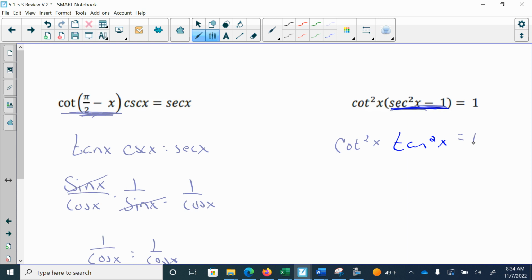And now I'm going to have cotangent, which I should recognize these two as reciprocals, but if you didn't, you would have cotangent as cosine squared x over sine squared x, and tangent as sine squared x over cosine squared x. And you're trying to show that's equal to 1. Here the cosines will simplify, here the sines will simplify, and then 1 is equal to 1.